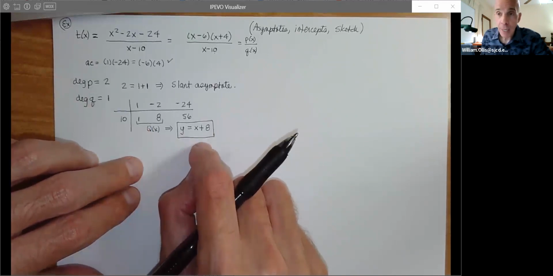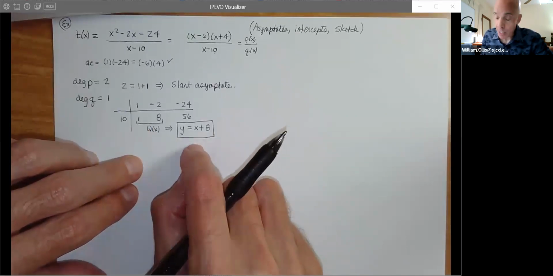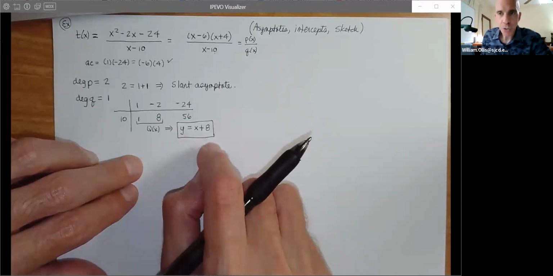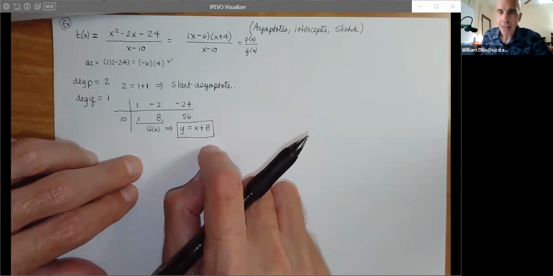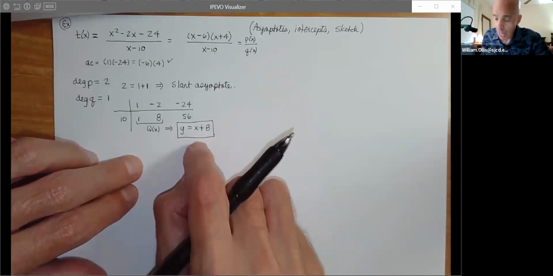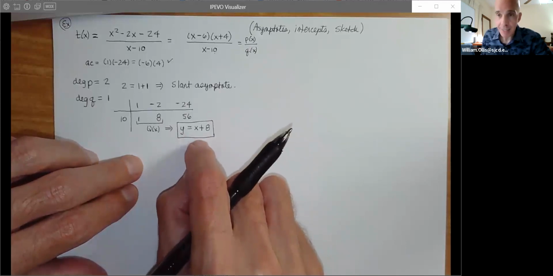So don't put the slant asymptote is x plus 8. That is not correct. The slant asymptote is y equals x plus 8. I'm telling you this because you're going to make this mistake, and it's okay. But eventually you will have to come to grips with the fact that this is an actual line, okay?